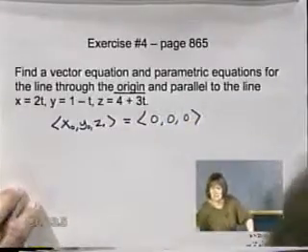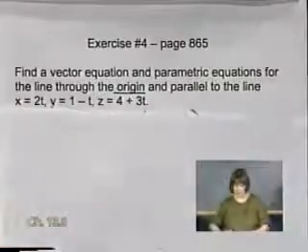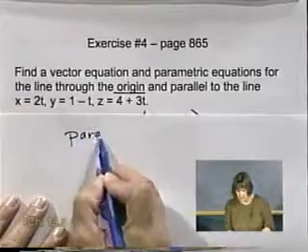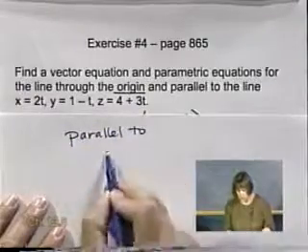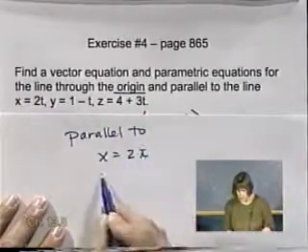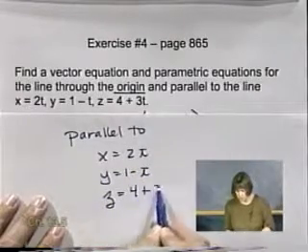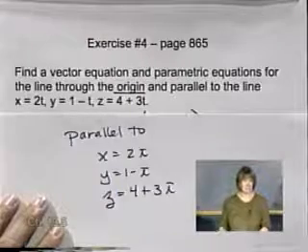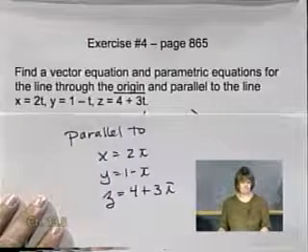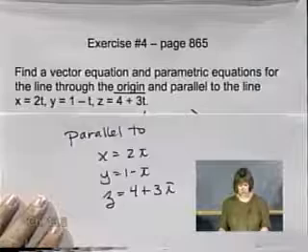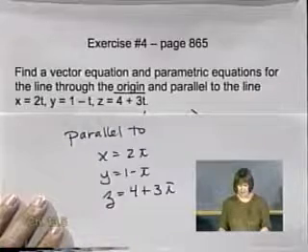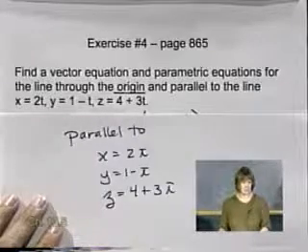Now, we want our new line to be parallel to x equals 2t, y equals 1 minus t, z equals 4 plus 3t. They're not giving us a vector parallel to our line. They're giving me a line parallel to the line.